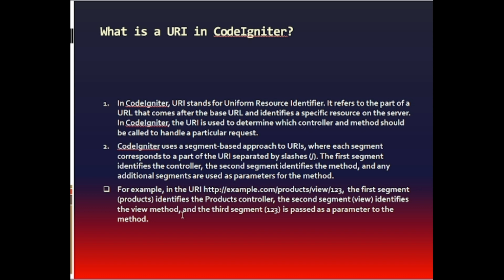CodeIgniter uses a segment-based approach to URIs, where each segment corresponds to a part of the URI separated by slashes. The first segment identifies the controller, the second segment identifies the method, and any additional segments are used as parameters for the method. Here is the example.